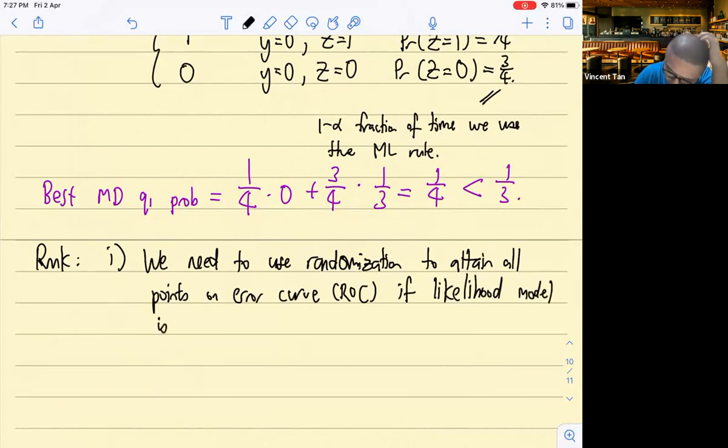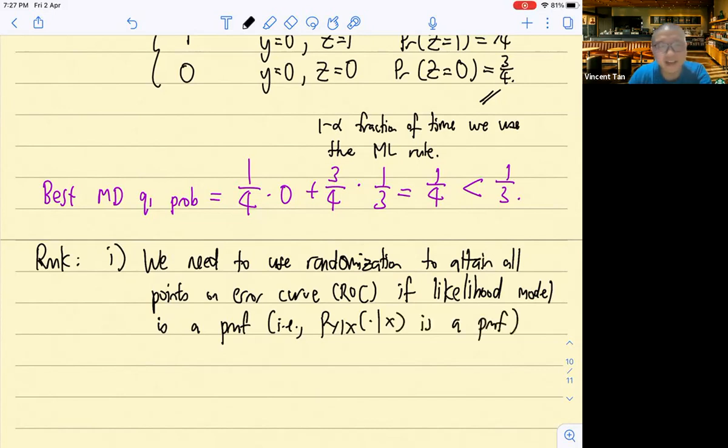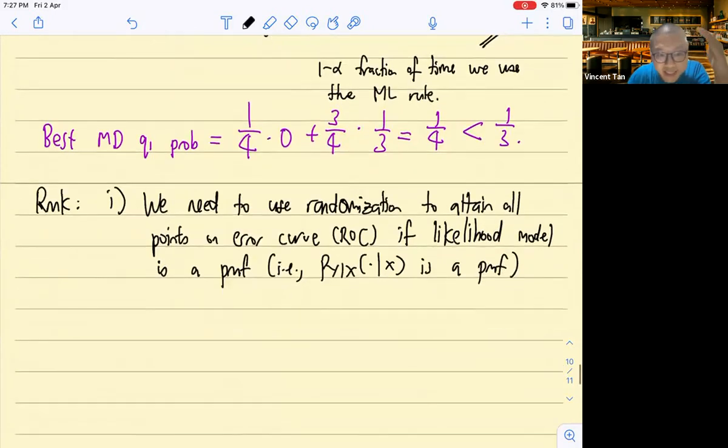Model is a PMF. Okay, i.e., P of y given x is a PMF, i.e. it can only take on finitely many values or countably many values, okay?